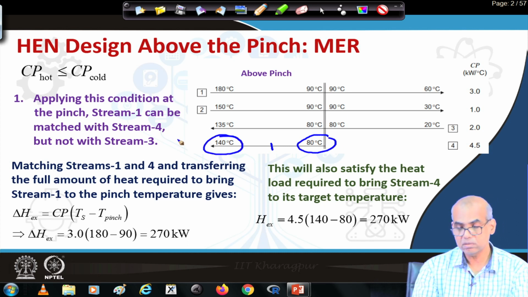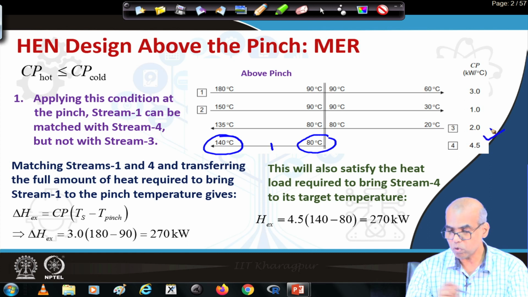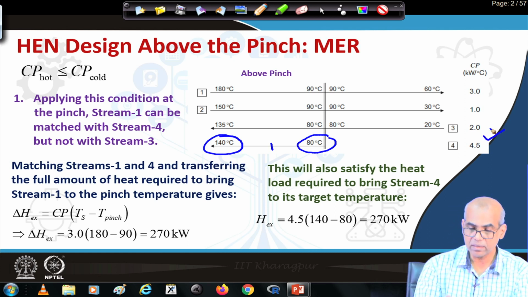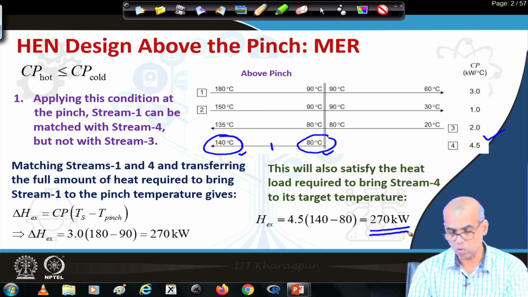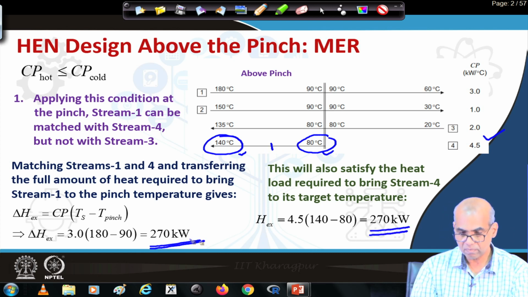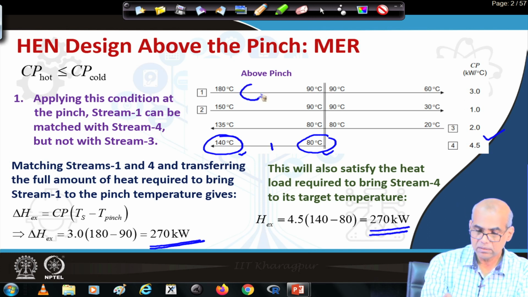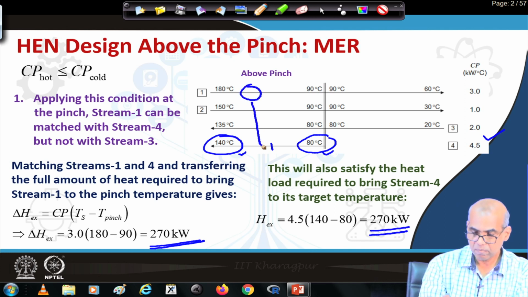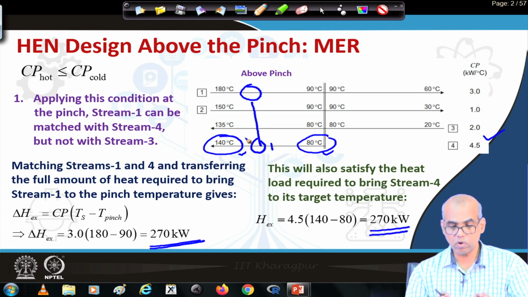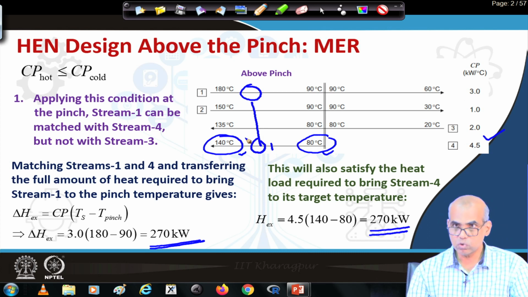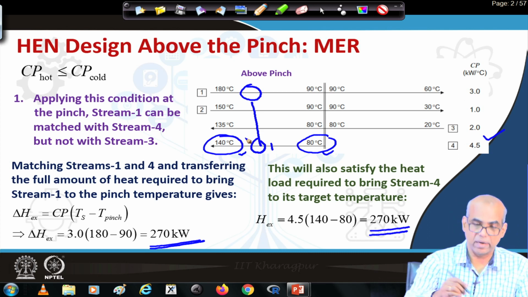So, what is the heat load? It has Cp value 4.5. So, 4.5 multiplied by 140 minus 80, that gives 270 kilowatt. So, this is same as the heat that was obtained from stream 1. So, by matching stream 1 and stream 4, these two conditions are met.